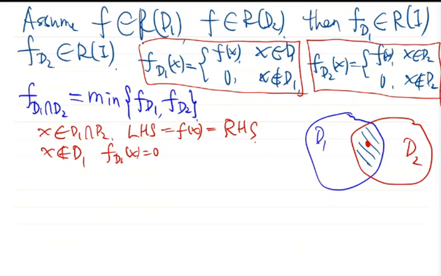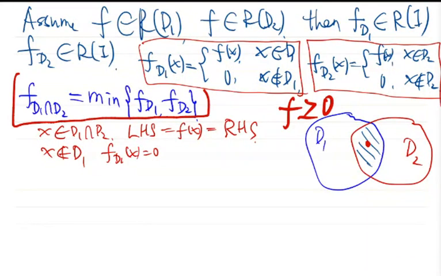To make our argument work, we need to assume that f is non-negative. We study the non-negative function first. So if f is non-negative, as before, if x is a point in the intersection of D1 and D2, then both sides of the equality we want to prove equal f x, and the equality is true.